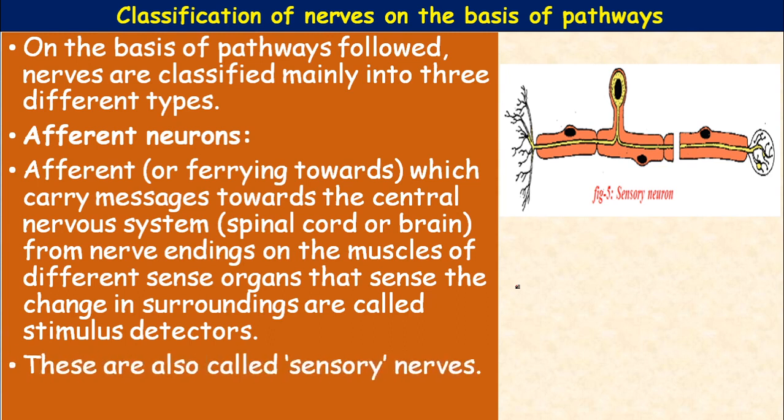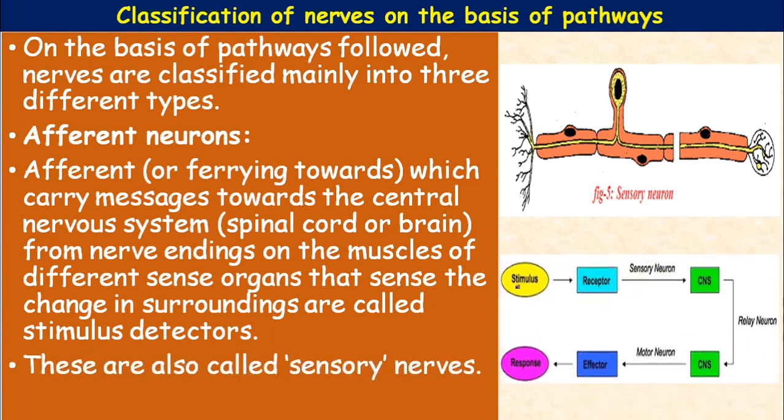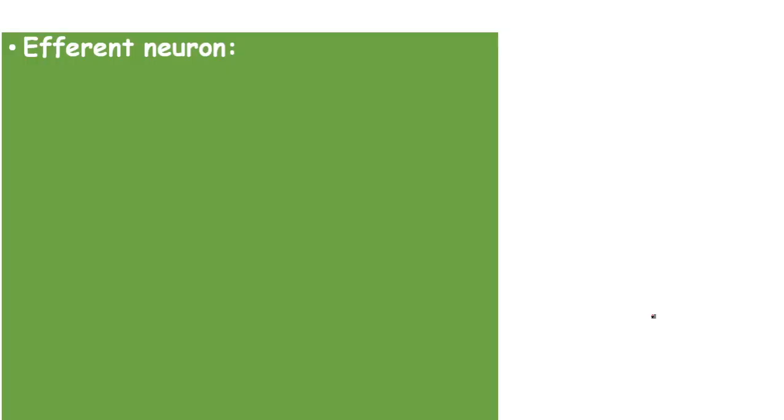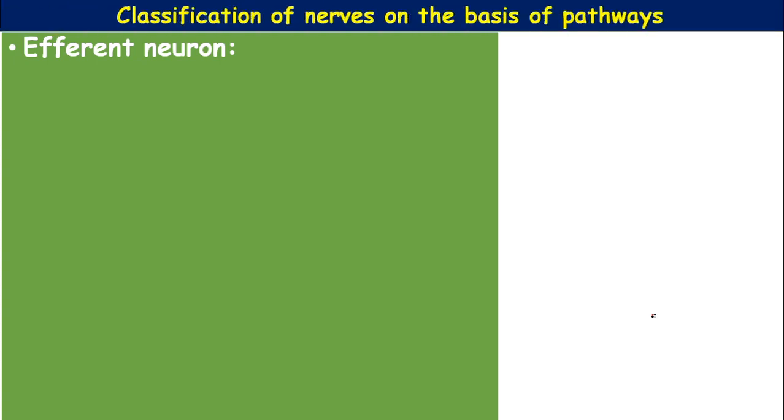So that's why you see here in nerve transmission also, first the stimulus is carried by the receptors, and that information is carried by sensory neurons to the central nervous system. As they carry the sensory information, they are called sensory neurons. The basic information regarding the stimulus is carried to the brain and spinal cord by these sensory nerves.